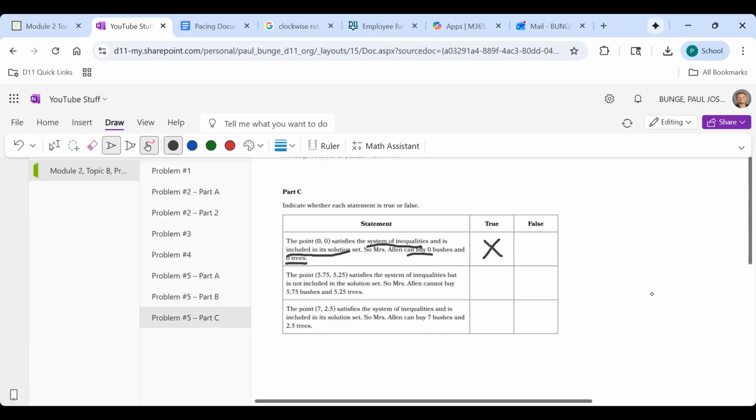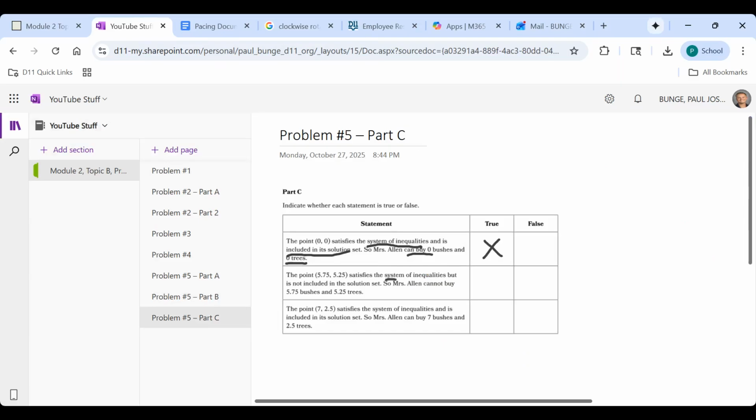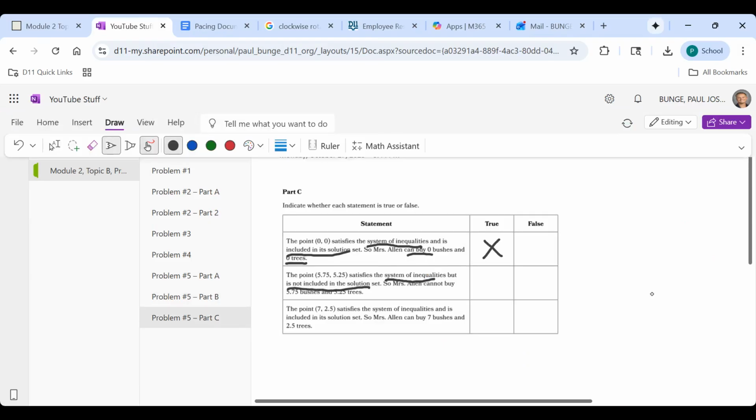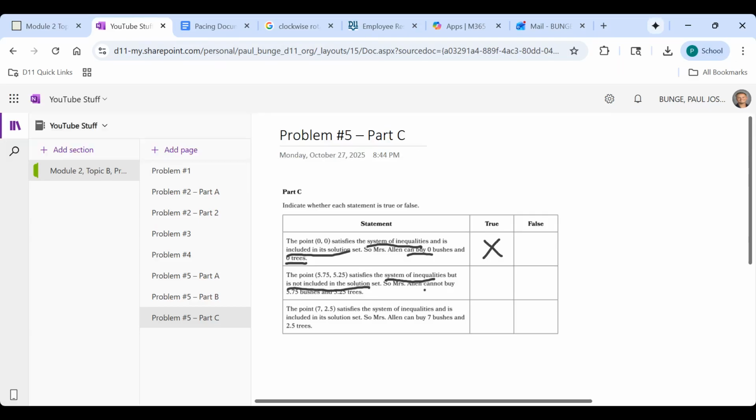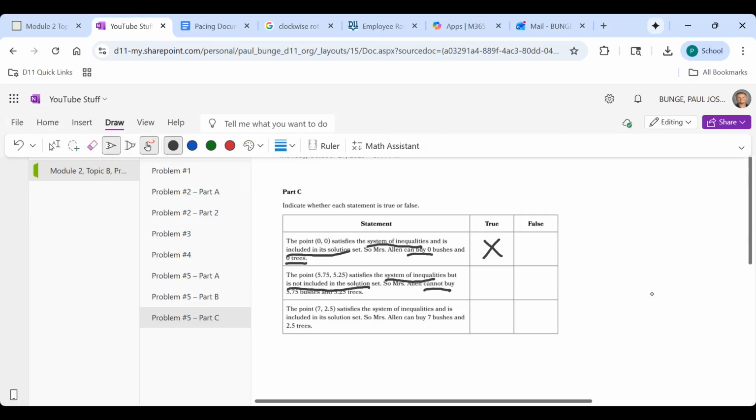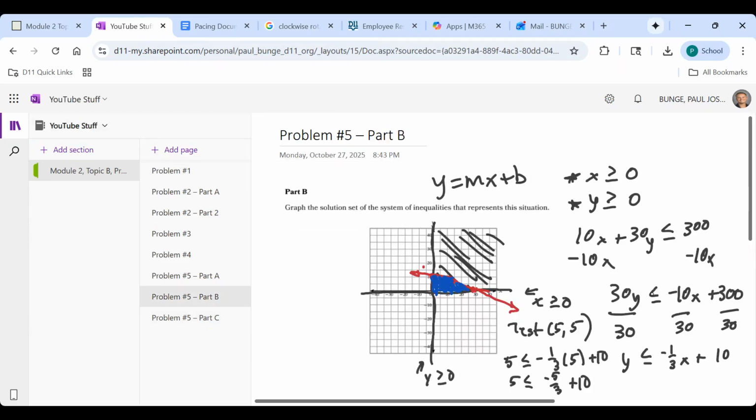The next one says the point with our decimals here satisfies the system of inequalities, but is not included in the solution set. So Mrs. Allen cannot buy 5.75 bushes and 5.25 trees. So let's go back to our graph. If we look at 5.75, that's about right here, and 5.25, it's about right here in our triangle.